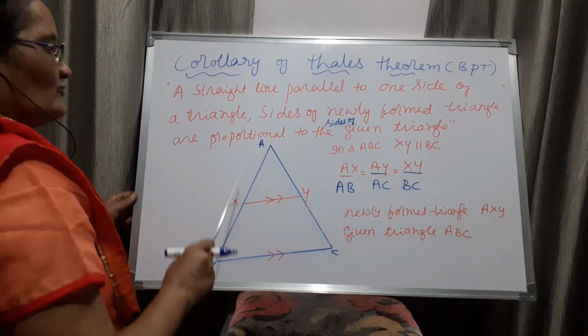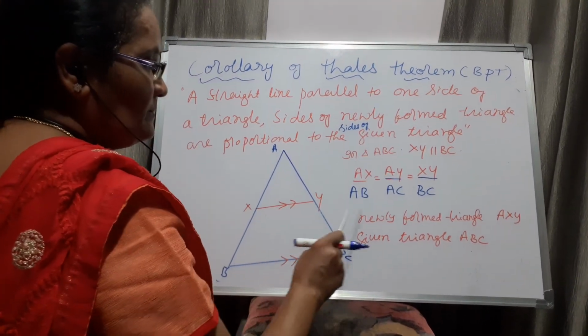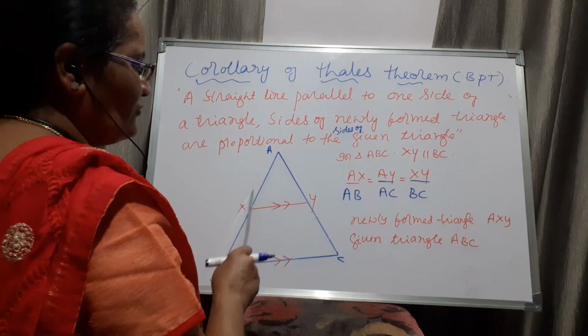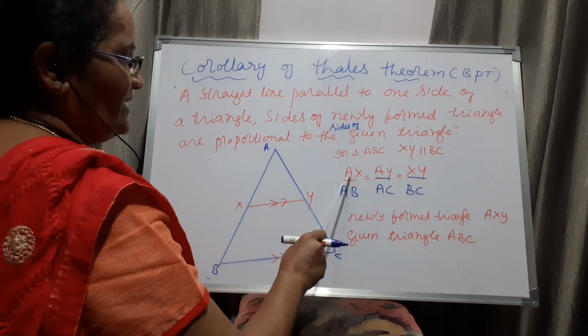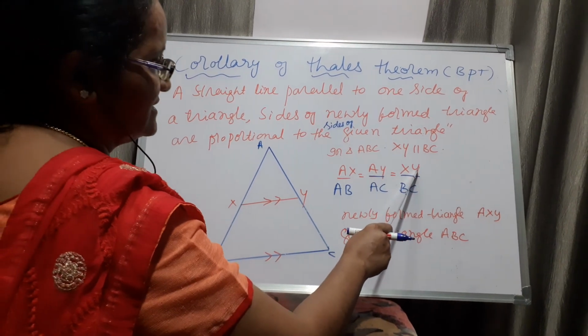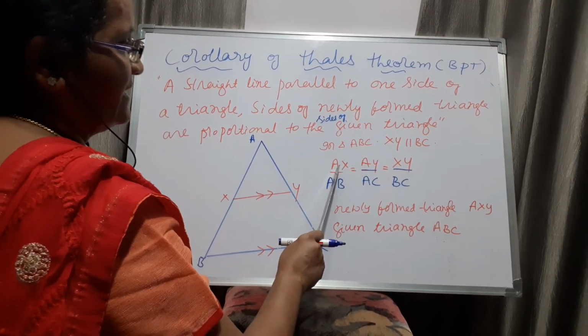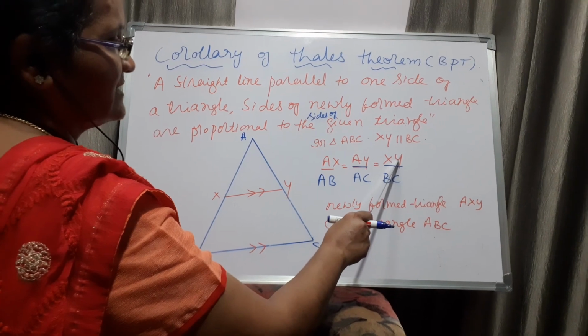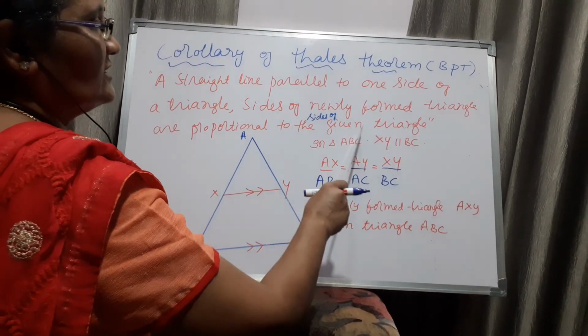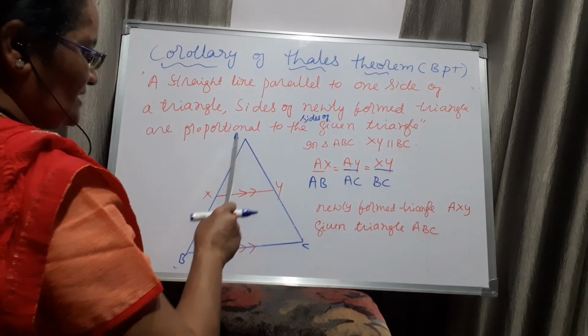Here also the important thing is XY parallel to BC. Sides of the newly formed triangle: AX is one side, AY is another side, XY is another side. The sides of the newly formed triangle are proportional to the corresponding sides of the given triangle.